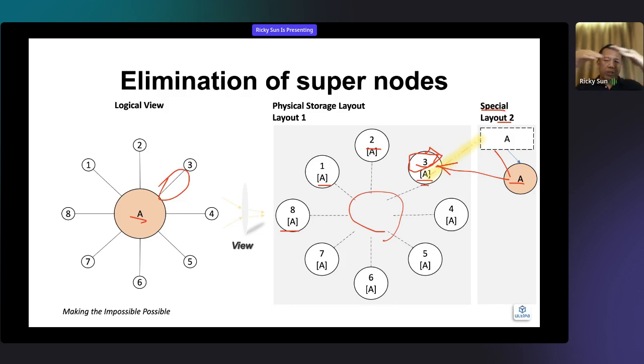It's a bidirectional storage problem. So we do feel that there are systems that don't concern this way of traversal. Like if you happen to hit node A, are you able to traverse to node number 3? If you don't care about this, which is fine, right? So this is a perfectly fine way of separating or eliminating the node.